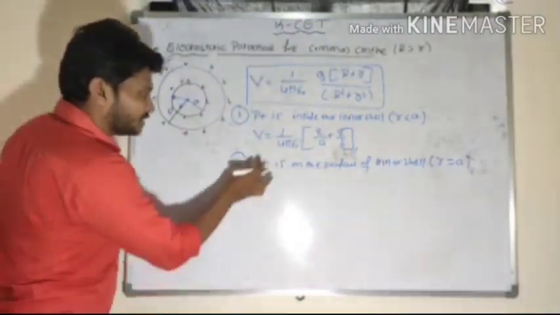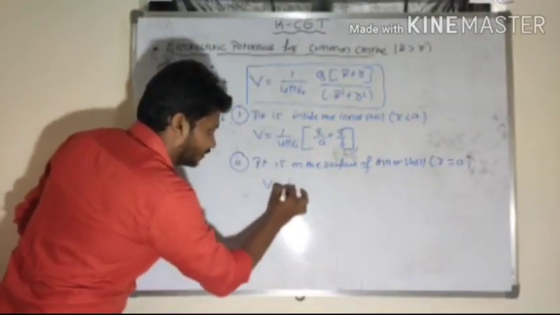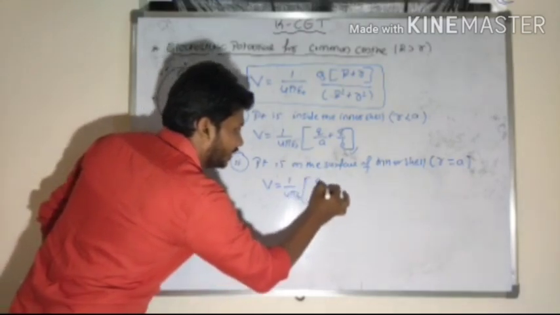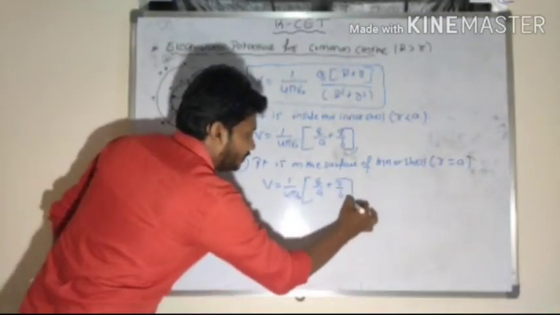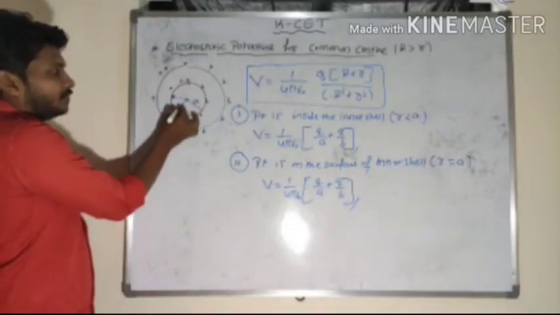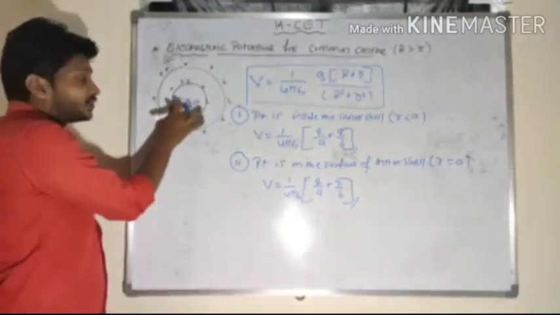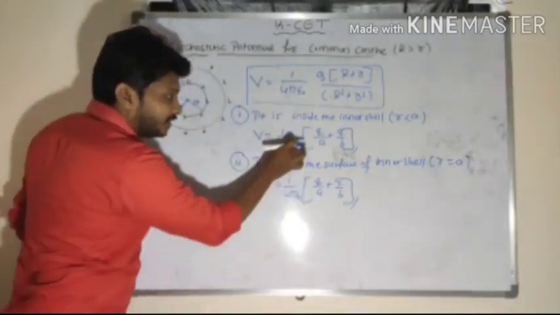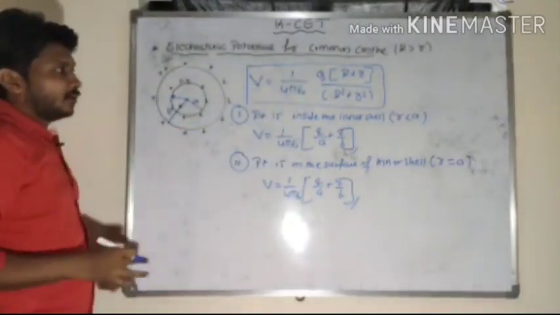Then we have the same formula: 1 by 4 pi epsilon naught (Q by a plus Q by b). So whether the point is inside the inner shell or on its surface, the formula is the same.